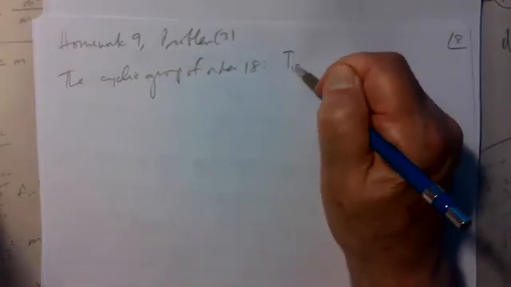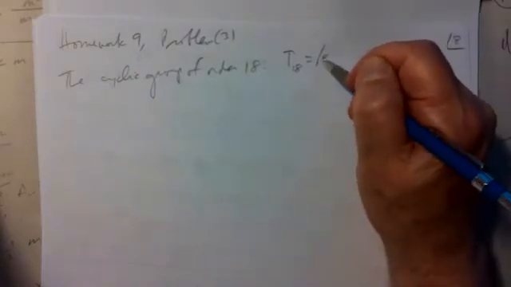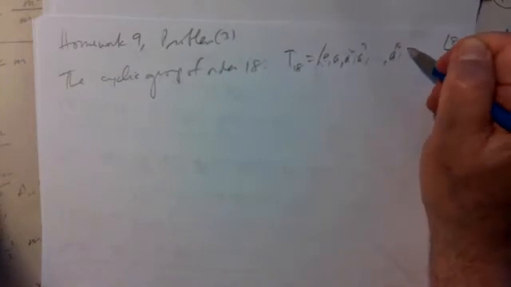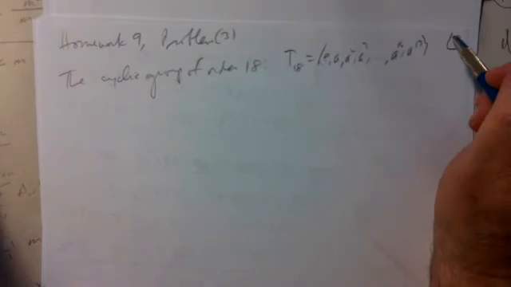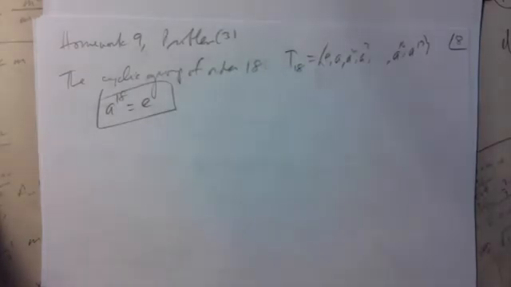That means this is a group with 18 elements generated by something I'll call a. So it consists of the elements e, a, a squared, a cubed, up to a to the 16th, a to the 17th, and that's it, because a to the power 18 is the identity again.